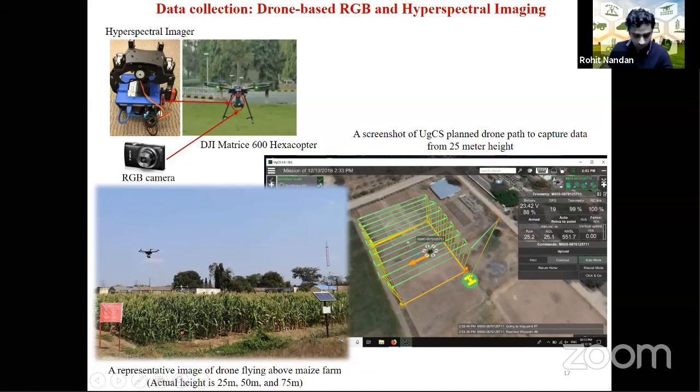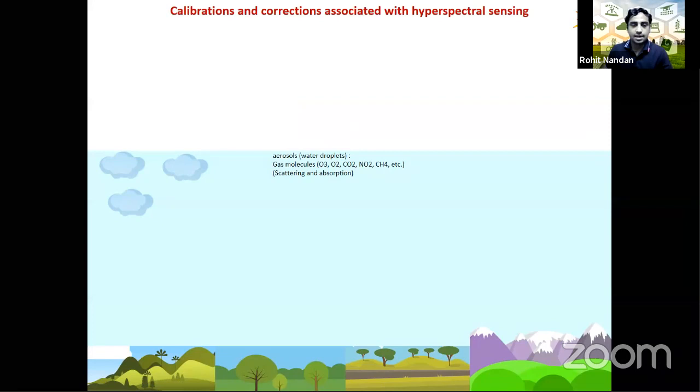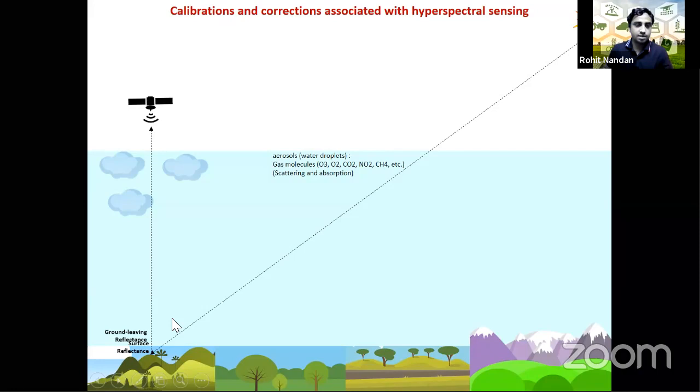So how is this drone sensing different from satellite sensing? I will be talking here about data collection, how we acquire the data, and what corrective measures we take to correct the image. Here is the satellite, passive remote sensing that depends on the sun, and this is the surface reflectance, this is ground reflectance, and then top of atmosphere radiance.